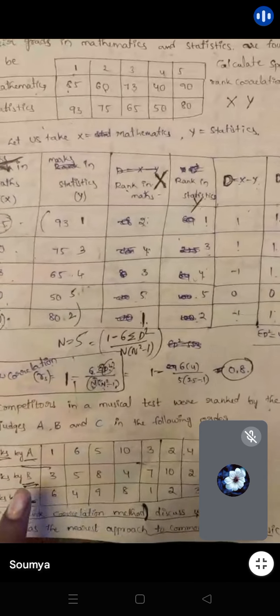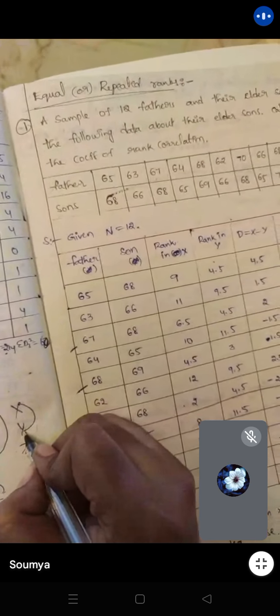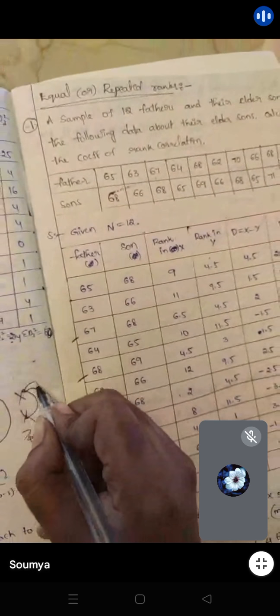And if you have 3 variables, find this type: d1, d2, d3, because we have 3 variables x, y, z. First go through x to y, next y to z, then z to x: x minus y, y minus z, z minus x. So first, for A, you have to find the rank correlation.